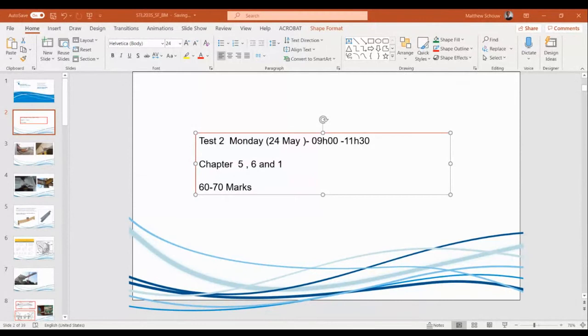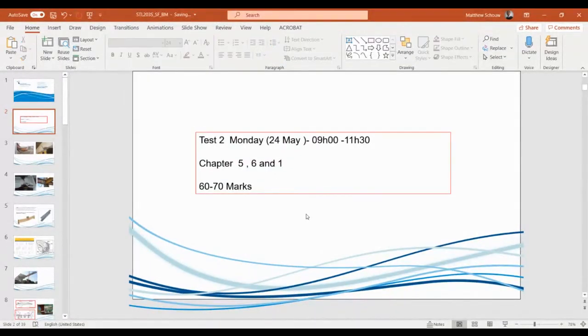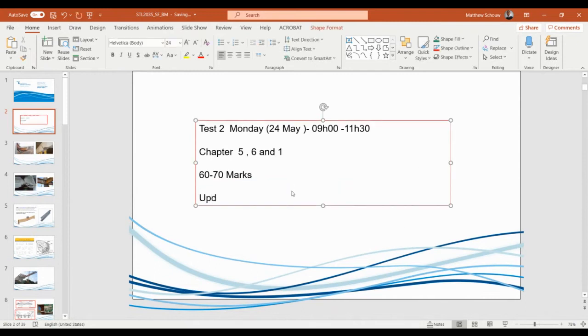This is during the study week, so you get an updated timetable. The updated exam timetable will be shared. It is noted.